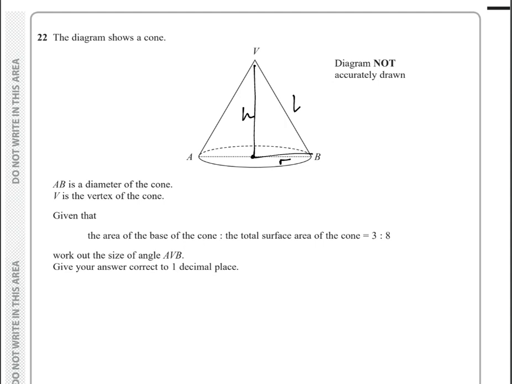So we've got the area of the base, pi r squared, to the total surface area of the cone. So that's pi r squared plus pi r l. That is the ratio 3 to 8.